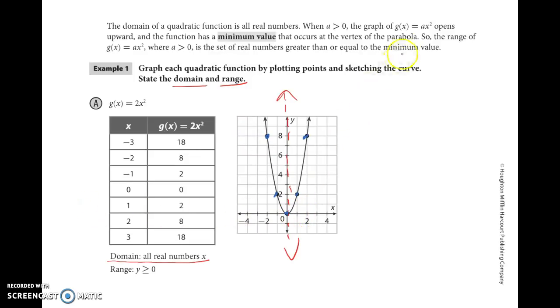Same thing here, it's going out for infinity, so x can be any number. Domain is looking at your x values. Your range is your y values. So if I'm looking at my y-axis, are there any values down here? No, it actually starts at 0 and they all go up. So that's why we have y is greater than or equal to 0.